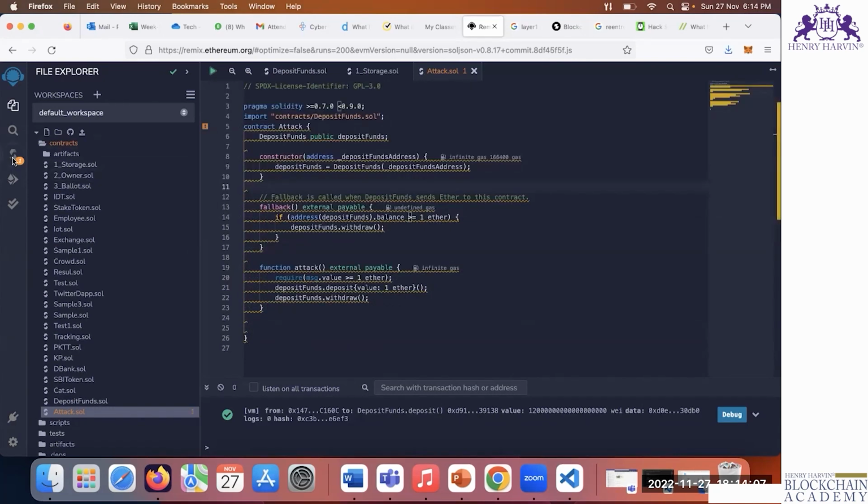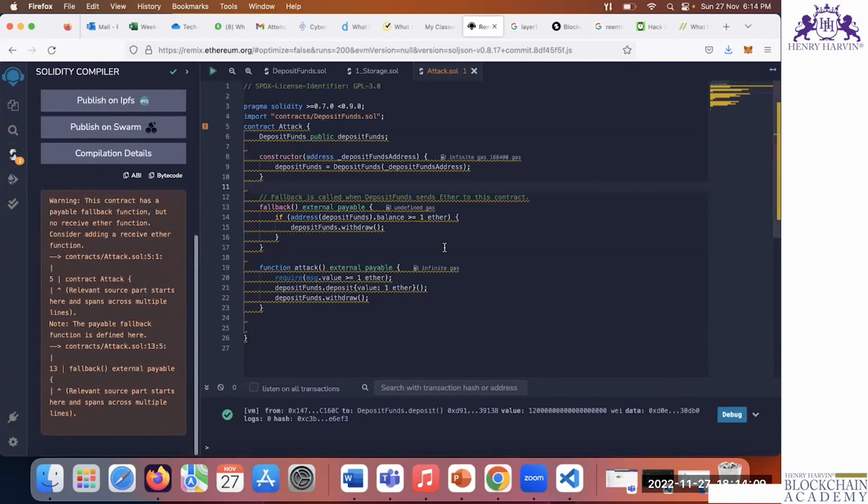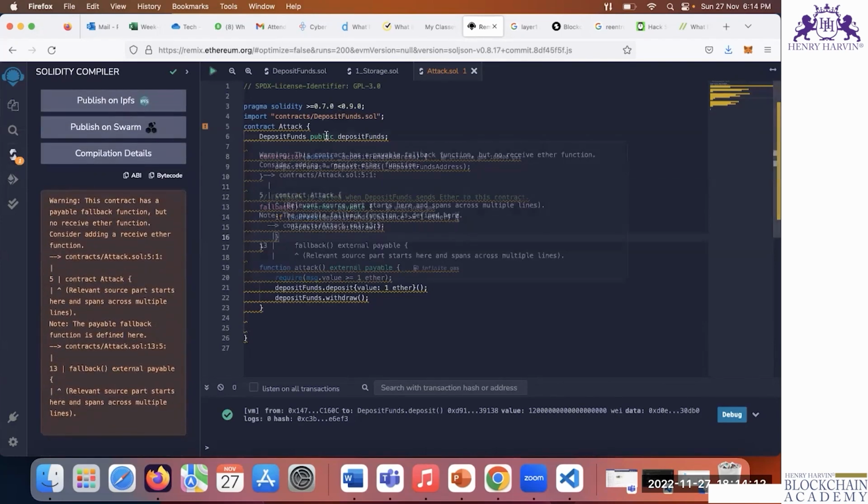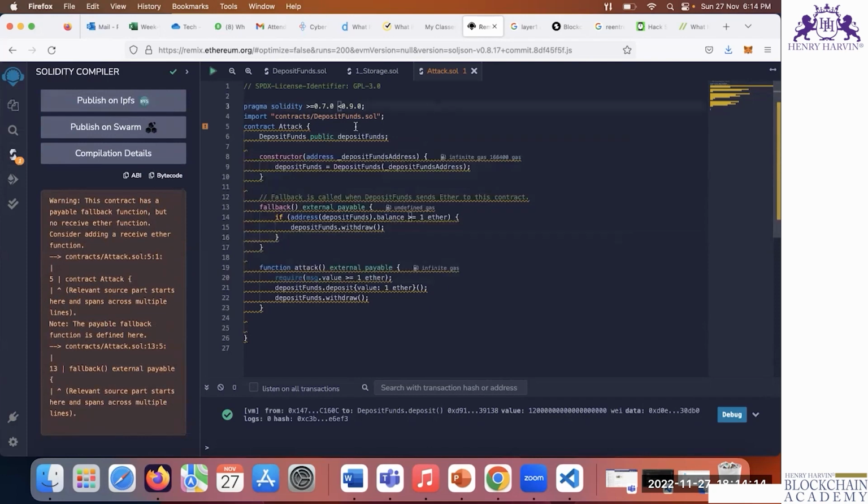The attacker has written the smart contract like this: deposit fund, constructor, deposit.